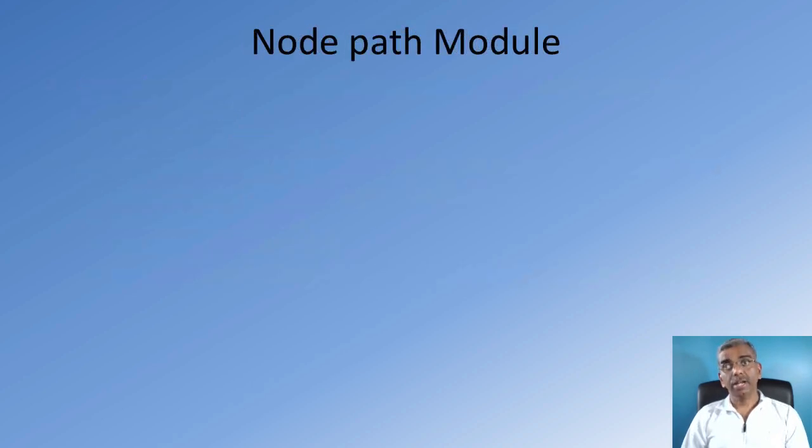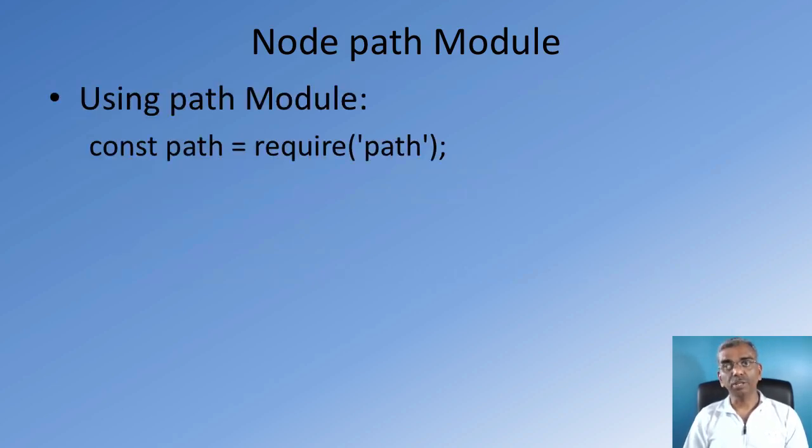Two other core modules that are useful when we are constructing the Node HTTP server are the Node path module and the file system module. The path module enables us to specify the path to a file and then examine whether the file exists or examine more details about the file, for example, the extension of the file name and so on. So the path module can be used within our application by requiring the path module as shown here.